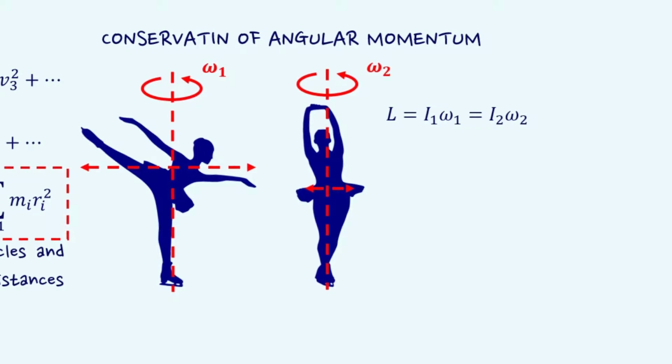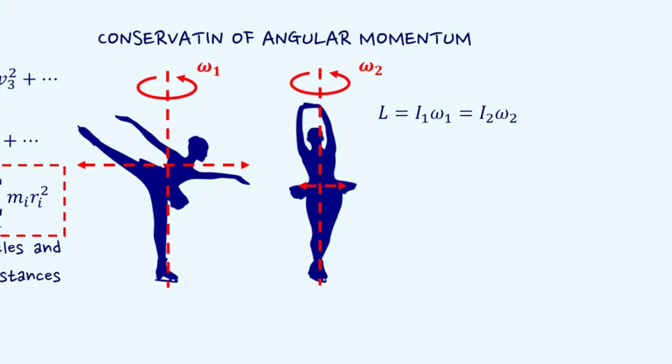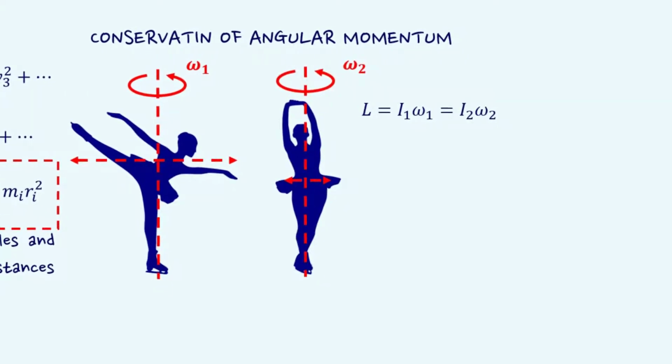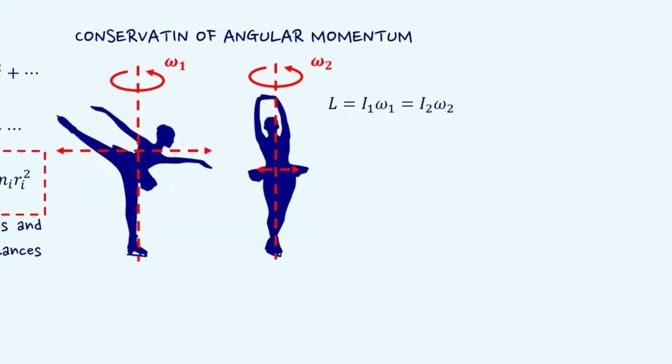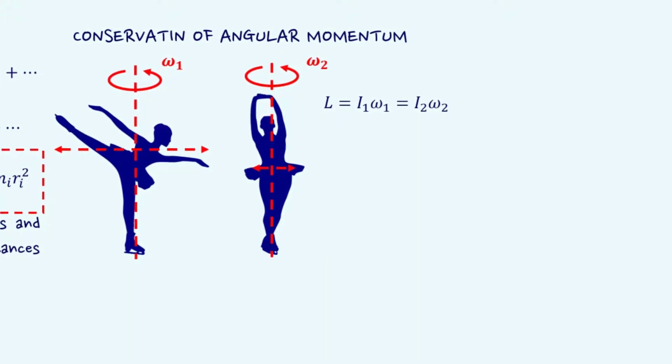As soon as she pulls her whole body weight closer to the axis of rotation to reduce the moment of inertia, the law of conservation of angular momentum comes into action. If angular momentum has to be conserved, then the product of the moment of inertia with angular velocity must remain conserved. As the moment of inertia in the second case is reduced, the angular velocity of the skater increases.